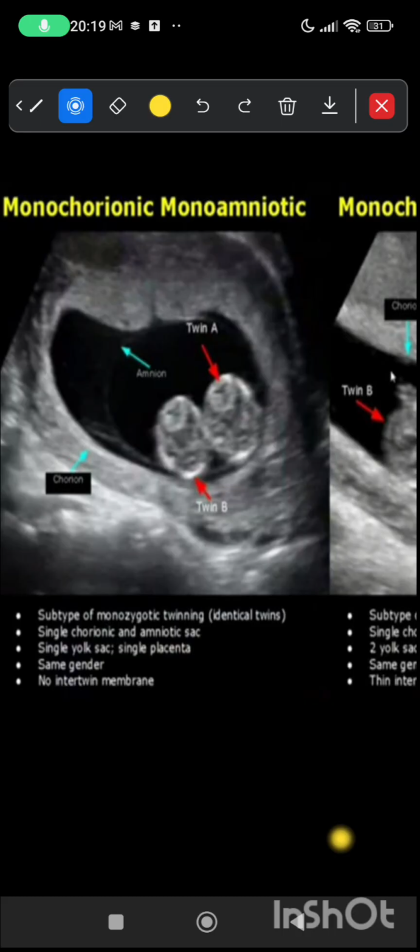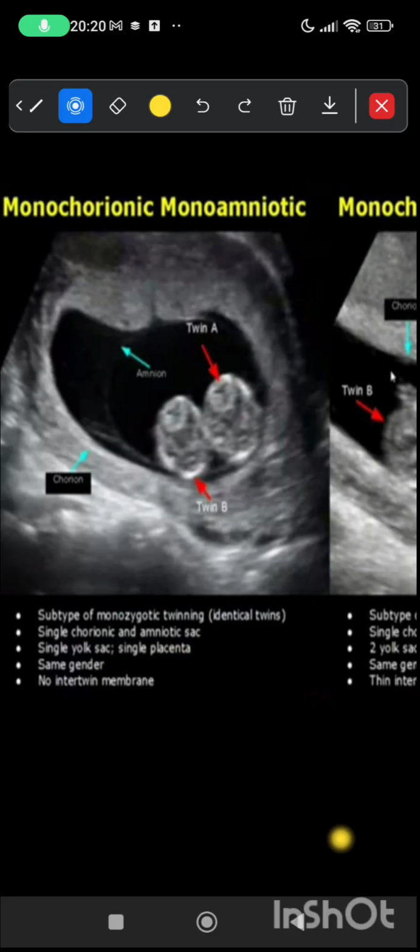And monozygotic can result in 3. There are chances of 1 of 3: either dichorionic diamniotic, monochorionic diamniotic, or monochorionic monoamniotic. So it is a subtype of monozygotic gestation.